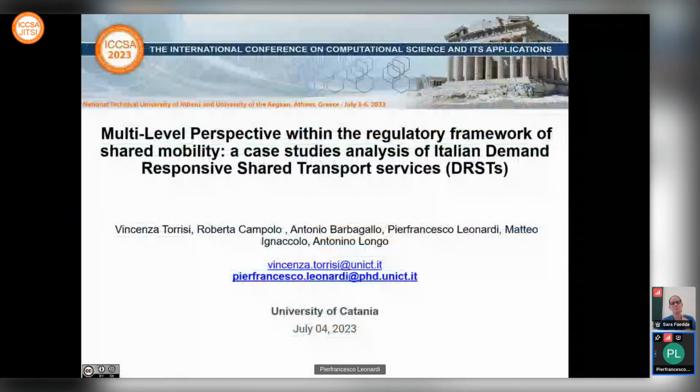Okay, perfect. I'm Vincenza Torrisi, and I have the pleasure to introduce the joint work realized with the University of Catania and the University with two different departments about the multi-level perspective within the regulatory framework of shared mobility.